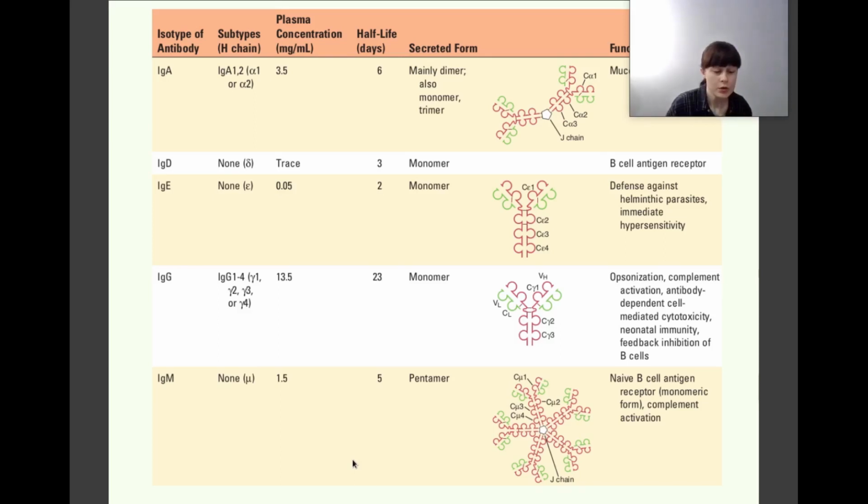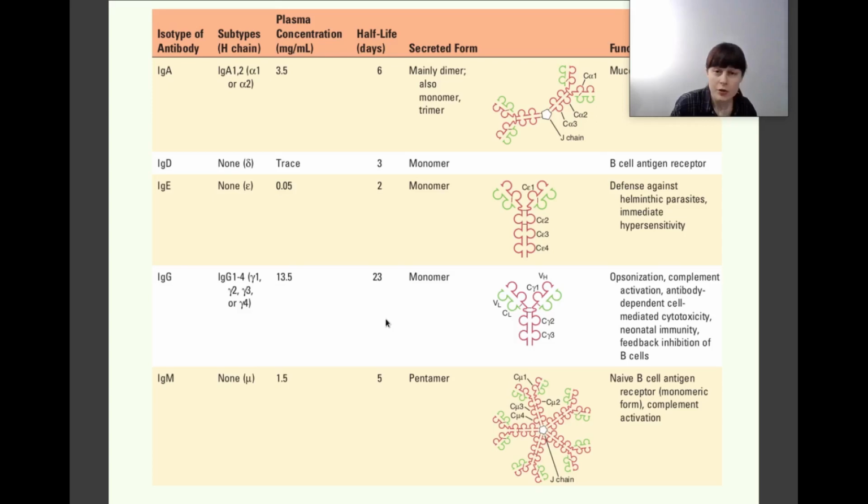The immunoglobulin A class consists of monomeric or dimeric forms. Immunoglobulin M is in pentameric form, and immunoglobulin G, immunoglobulin E, and immunoglobulin D are monomers.